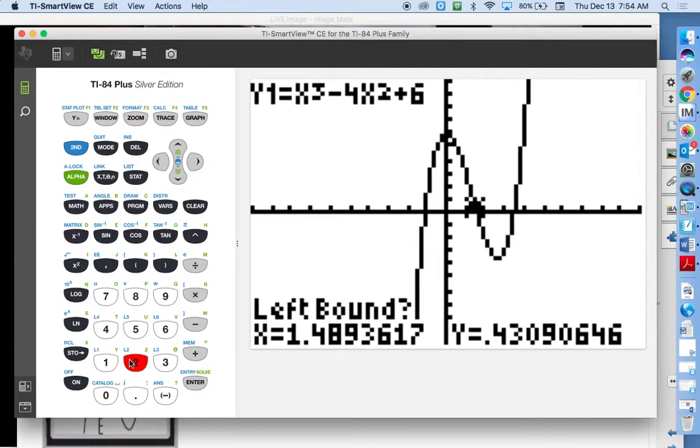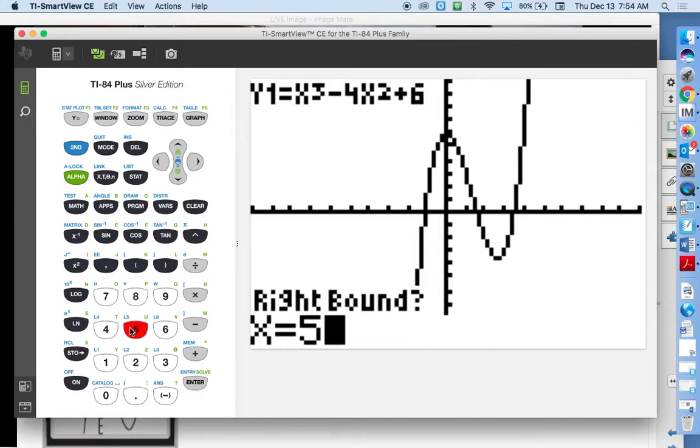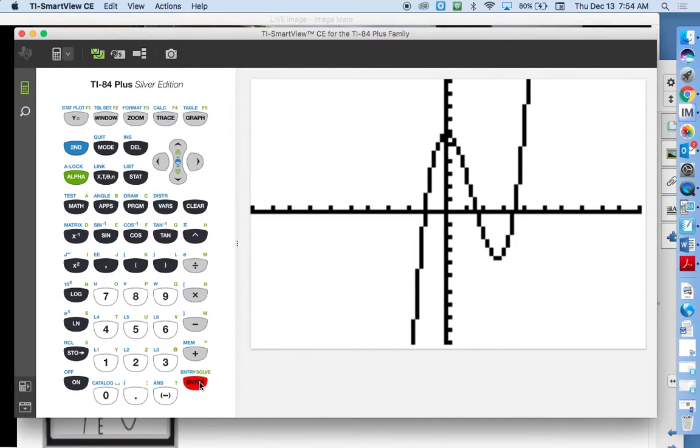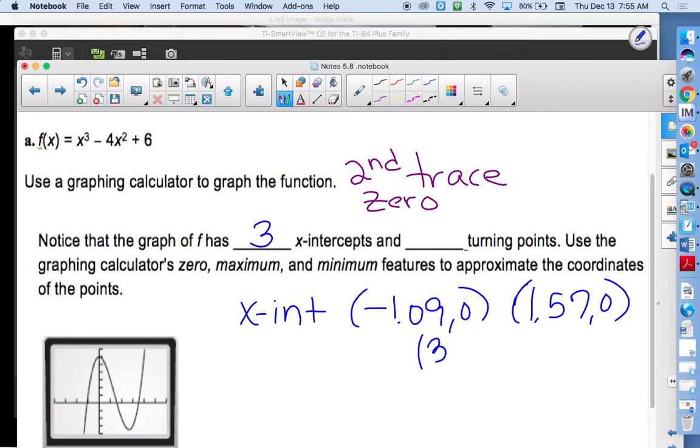So Matt, what number would be to the left of this last x-intercept? 3. And what number would be to the right? 5. You could say 4, as long as it's to the right of it. Hit enter, and it says it's at 3.51. So our third x-intercept, 3.51.